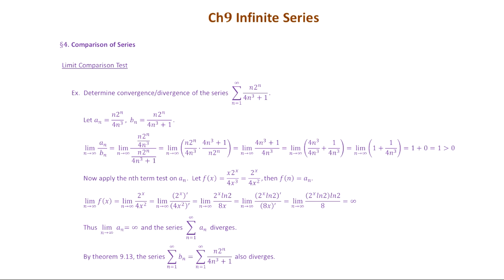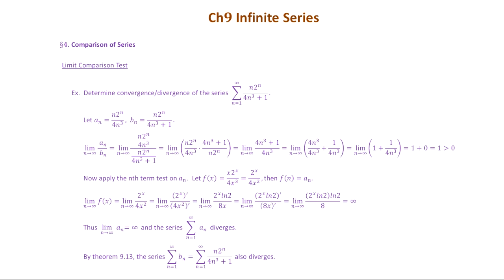Take the limit of a_n over b_n with n approaching infinity. So we got n times 2 to the n over 4n cubed on the top, and then n times 2 to the n over 4n cubed plus 1. Again, flip the denominator, we got 4n cubed plus 1 over n times 2 to the n. Then we can cancel a lot of things in here. We can cancel n and the 2 to the n on the top and at the bottom. And then we are left with 4n cubed plus 1 over 4n cubed, just like before.